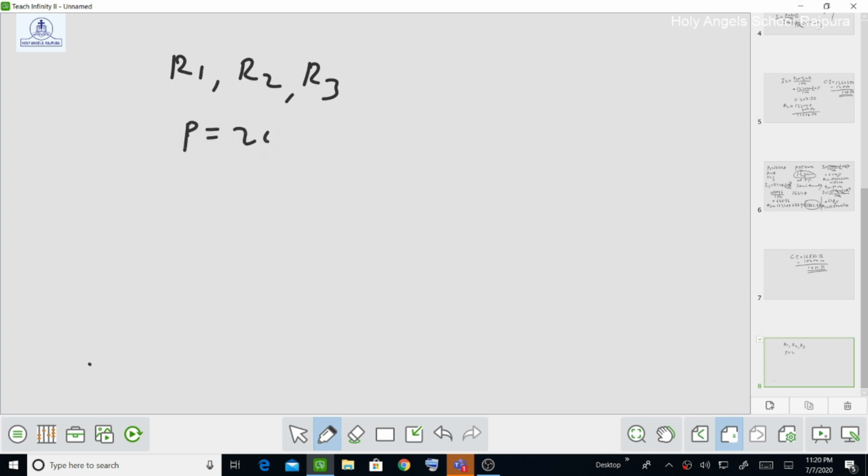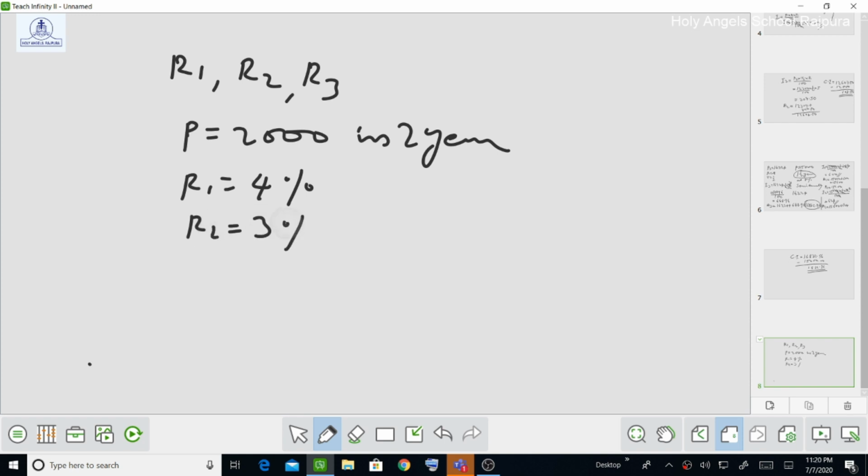Principal is equal to 2000 in 2 years. If the rate of interest R1 is equal to 4 percentage for the first year, and 3 percentage for the second year, R2 is equal to 3 percentage.